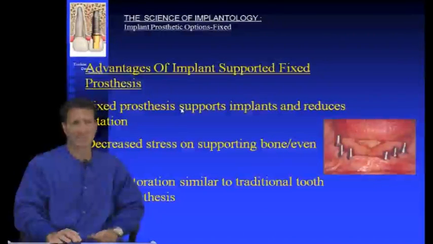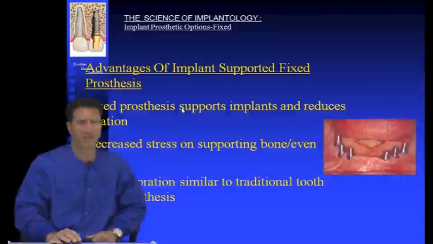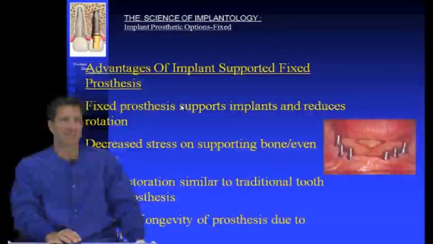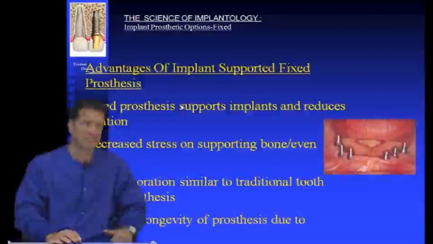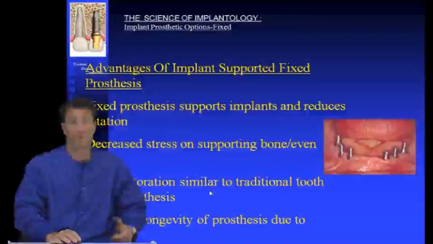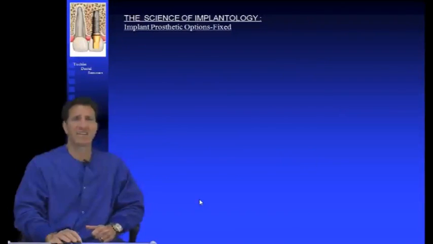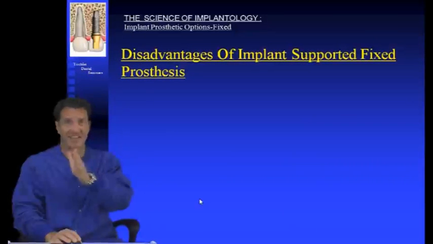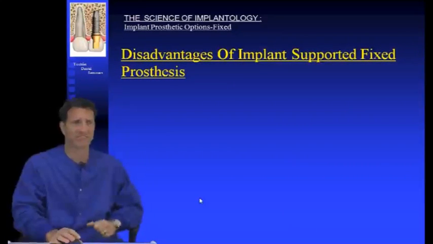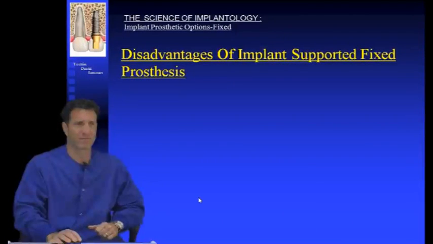The disadvantages to having fixed prosthetics with the implants is that there's more cost, they're more difficult to keep clean, and they can't be removed and cleaned. The implant placement has to be more exacting to support the final prosthetic and aesthetic result.